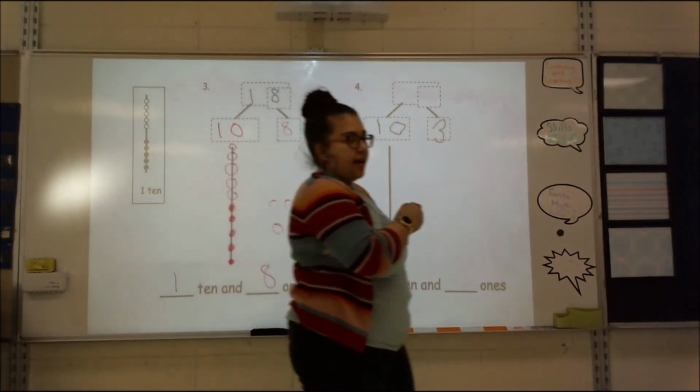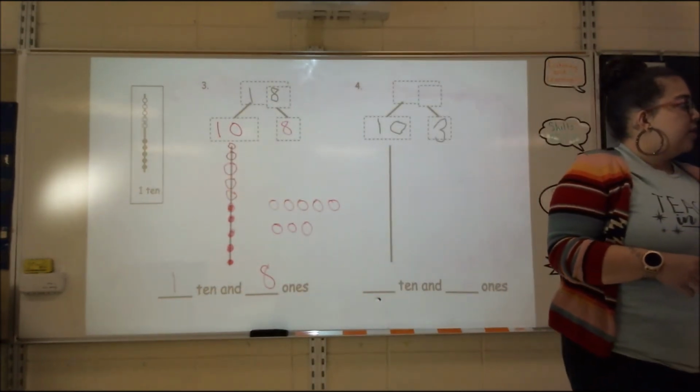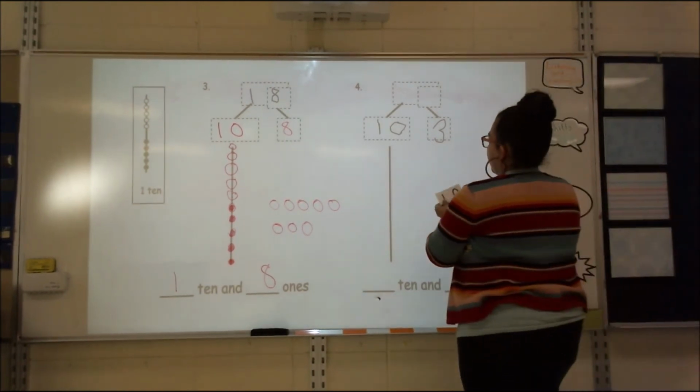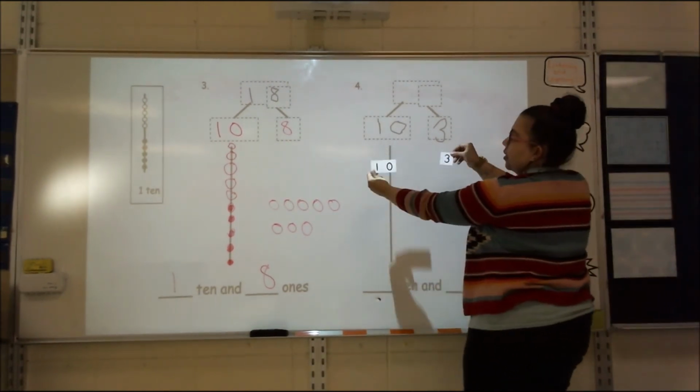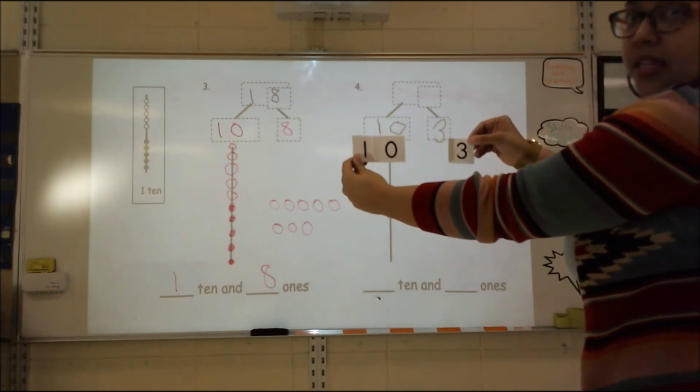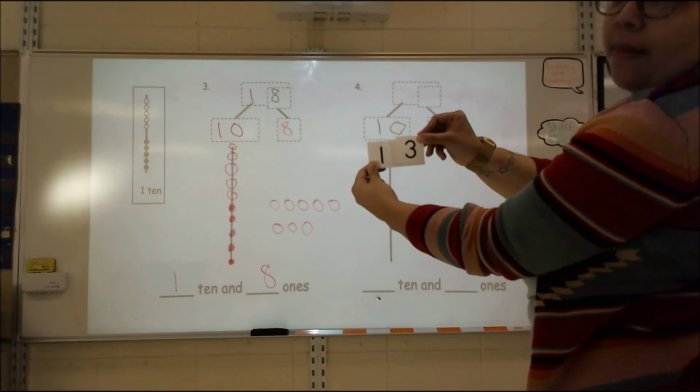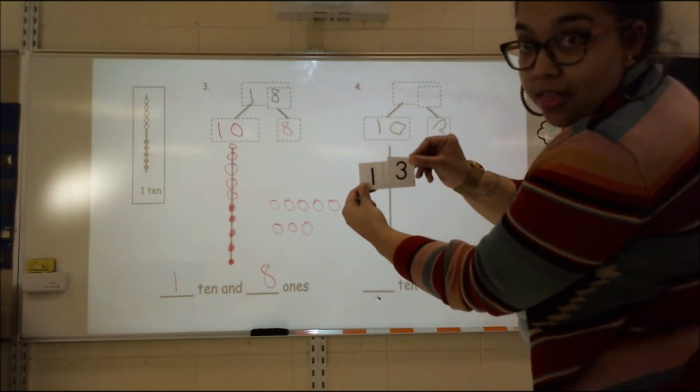Let's do it again. I'll show you on the hide zero cards. Hold on. So this showed you, it's giving you the group of 10 and 3 ones. When I bring this group of 10 and 3 ones together, I hide the 0. My answer is 13.